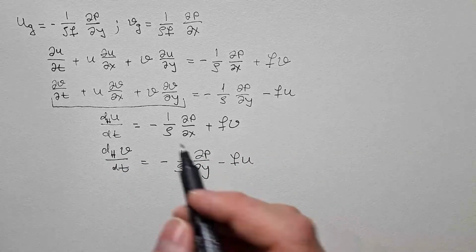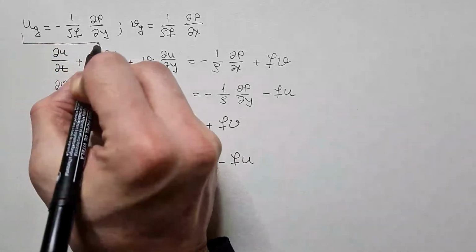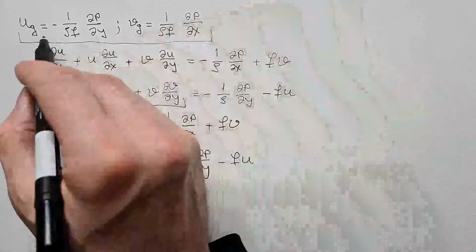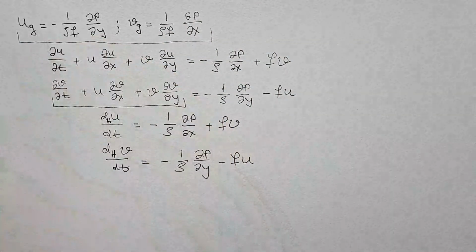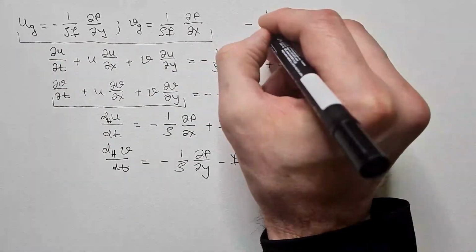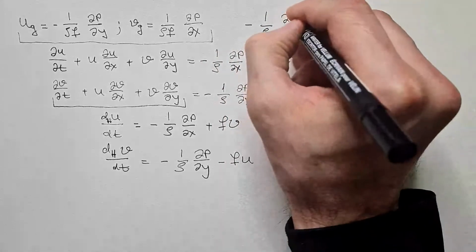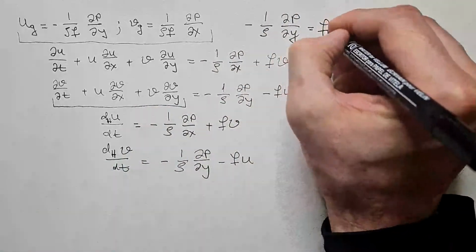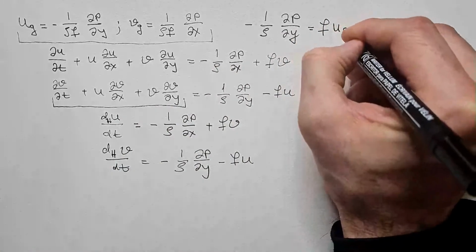Now I will make use of these geostrophic expressions to rewrite the pressure gradient force in terms of geostrophic wind. Namely, from this expression, I can see that negative 1 over rho ∂p/∂y is equal to f u_g.